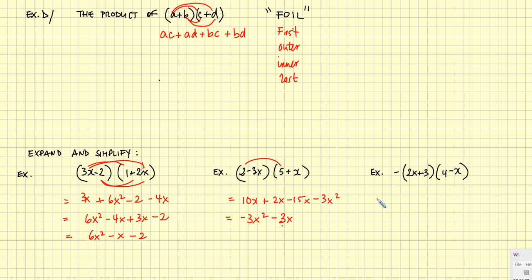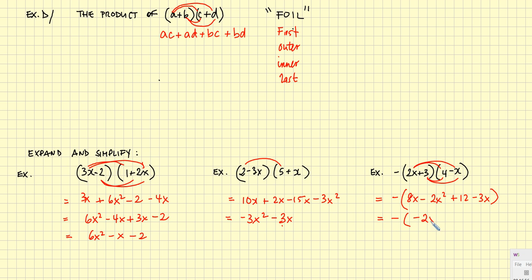And let's take a look at the last example here, which is negative bracket. Now, because I'm going to perform the expansion first with FOIL, I will leave the negative out. So I will say 8x minus 2x squared plus 12 minus 3x. I'm going to simplify what's inside the parentheses first.